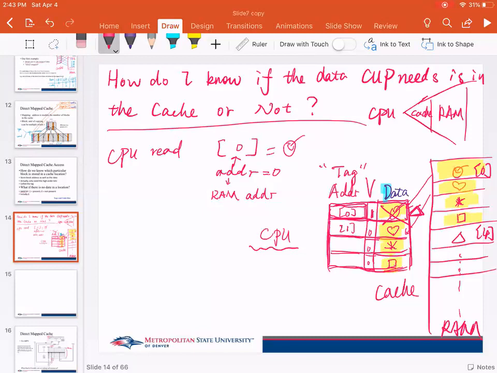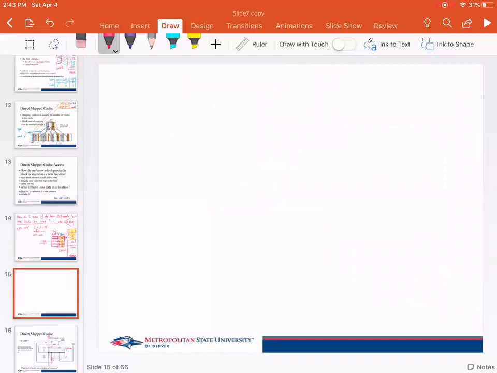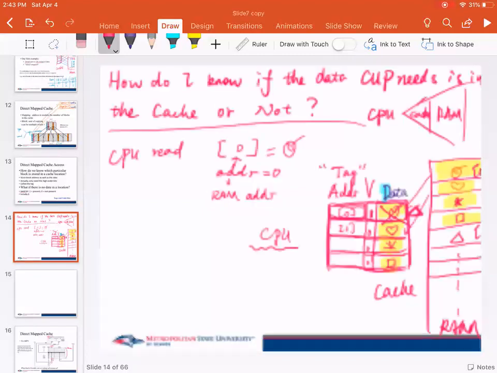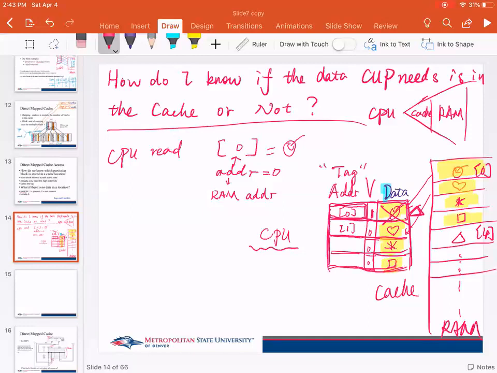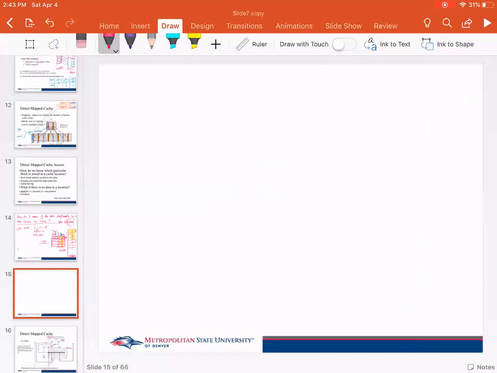So in reality, when we have many different data, and each address I'm writing here is a 32-bit address, it's better to use another.